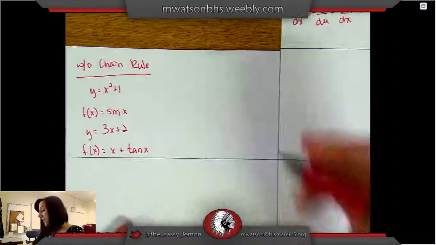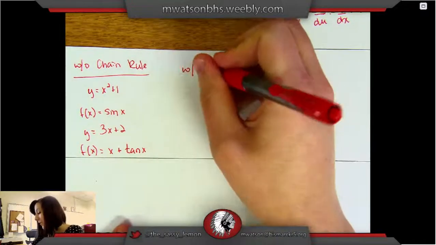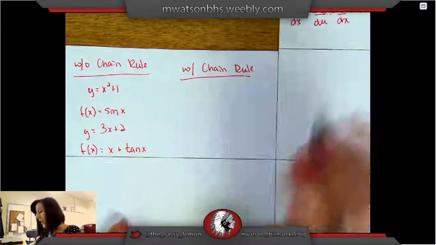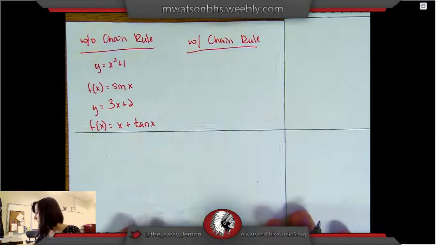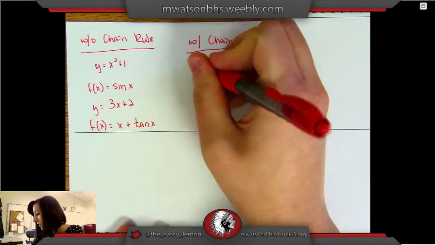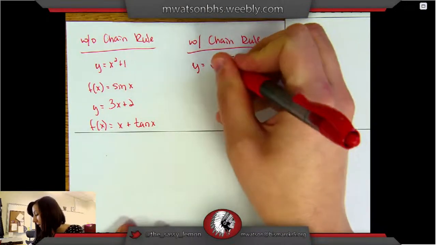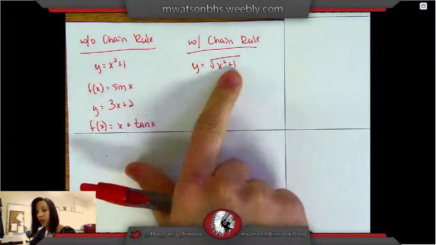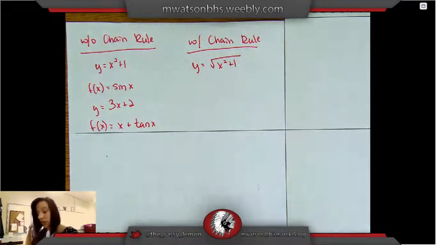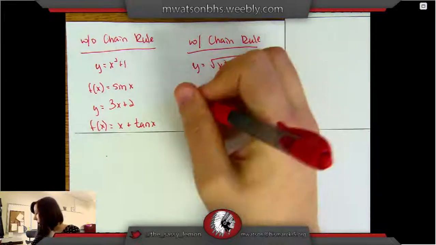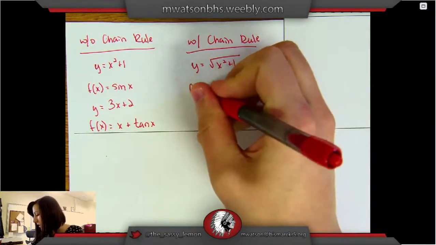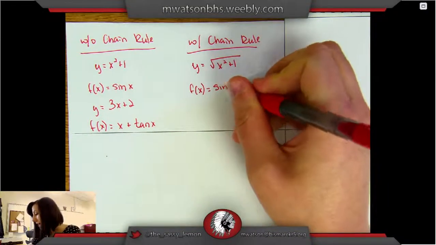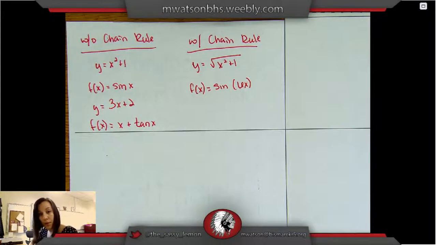But here's some things that there's no way you could have done otherwise. So with the chain rule, and try to notice the difference here. Say we wanted to find the derivative of the square root of x squared plus 1. You can see that this went under a radical and now it's no longer derivable. We could have done sine of x, but we can't do the derivative of sine of 6x. We just don't know how.